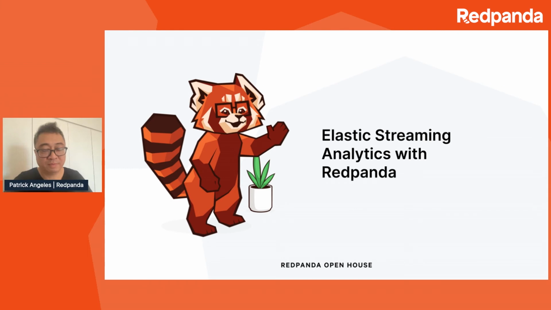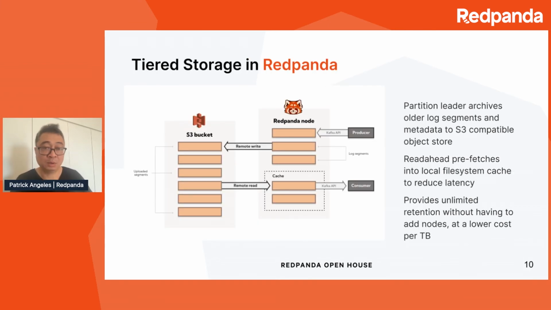And so what we've done with Redpanda is effectively enable elasticity for streaming analytics. We do that through the tiered storage feature, which I'm sure you heard about earlier in the day.